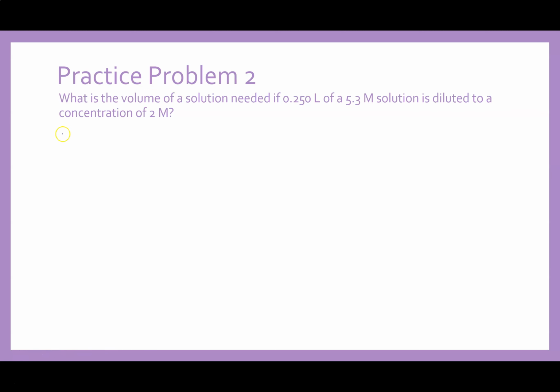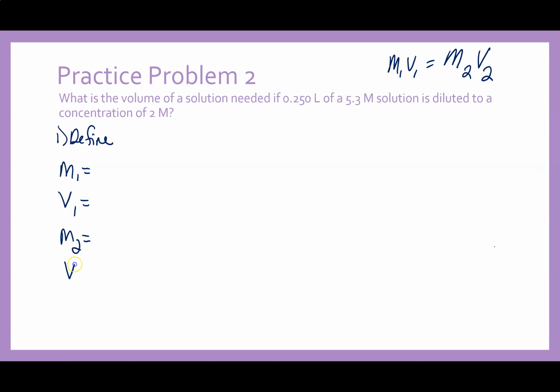Again, I'm going to remind you of our equation. We're going to go through and define our variables first. I know in the formula that these are the 4 that we're going to need.